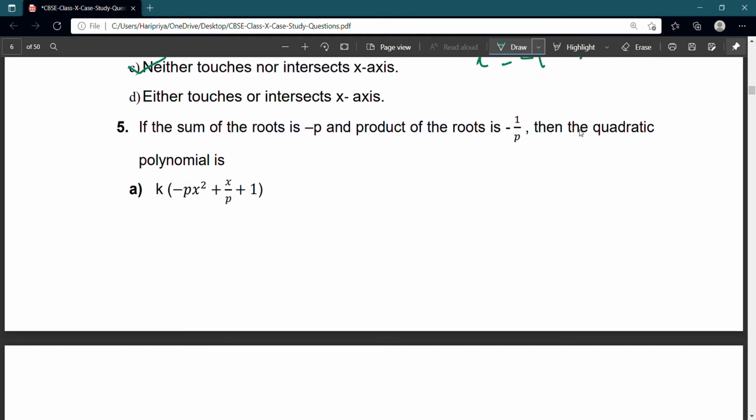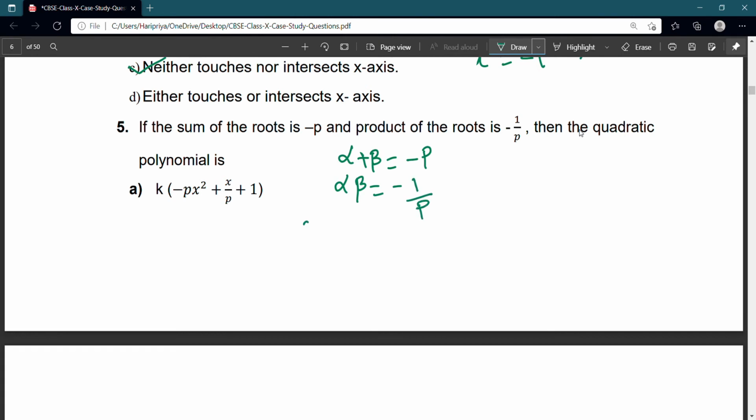Next, if the sum of the roots is minus p and the product of the roots is minus 1 by p, then you're going to write the quadratic equation. Now what are the sum of the roots? Alpha plus beta, they have given us minus p, and alpha beta they have given us minus 1 by p.